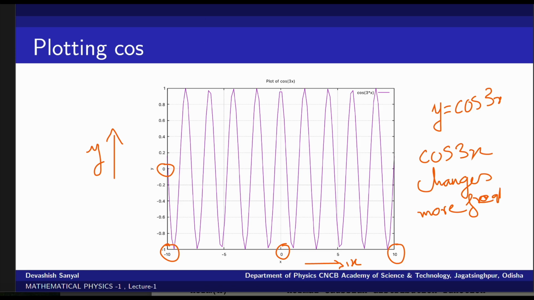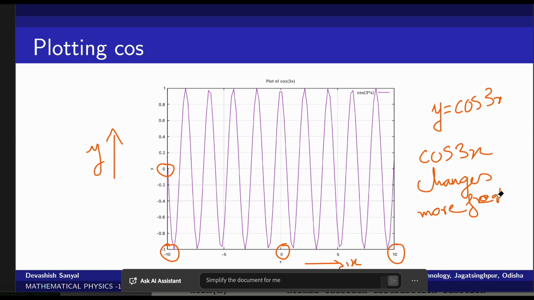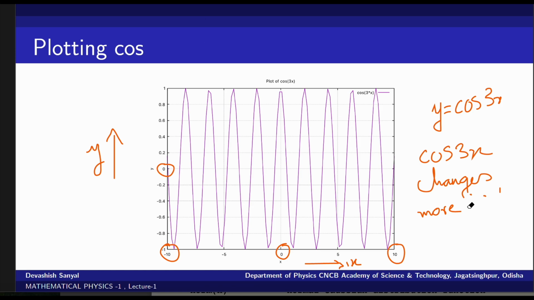Let me just use the eraser. So cos 3x changes more frequently than cos x.